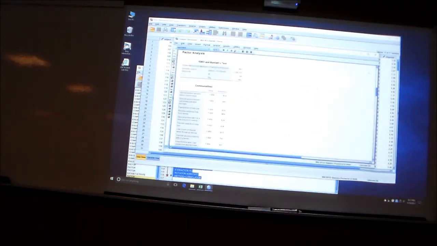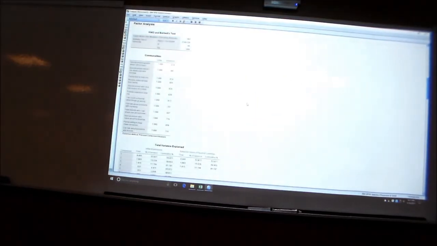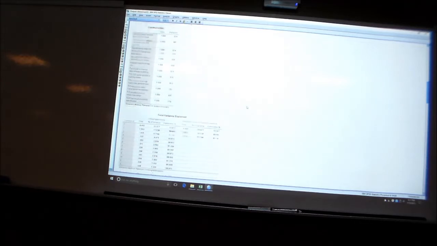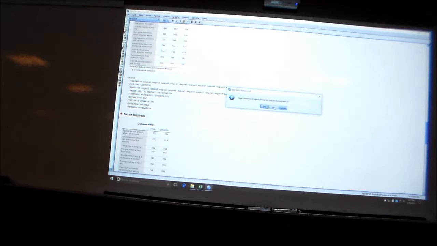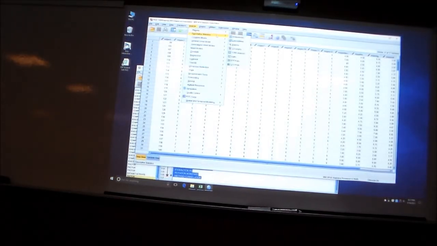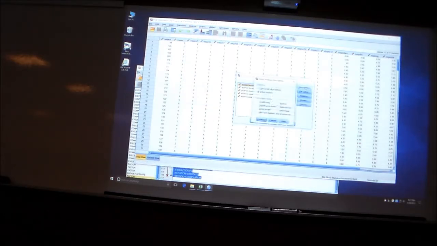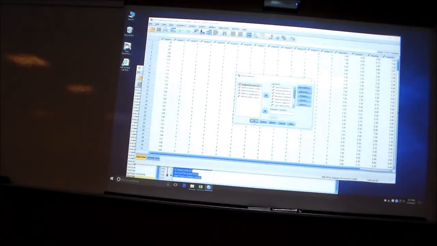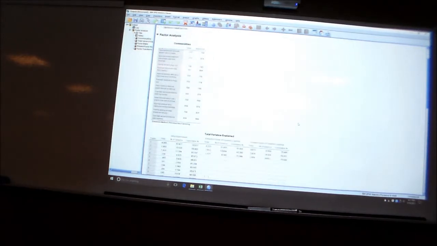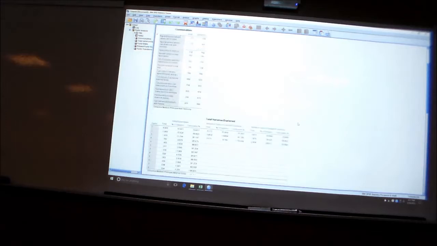I'm going to hit OK here, and what we're going to get is our... Okay, here we go. All right. So we've got a new communalities table here.